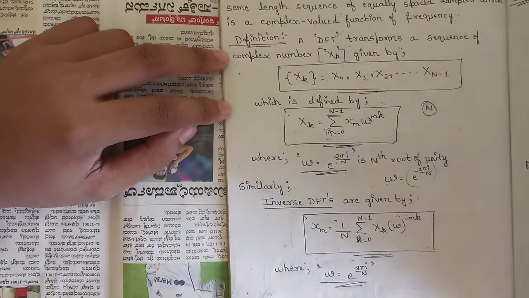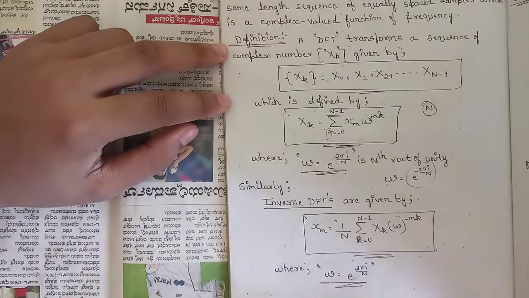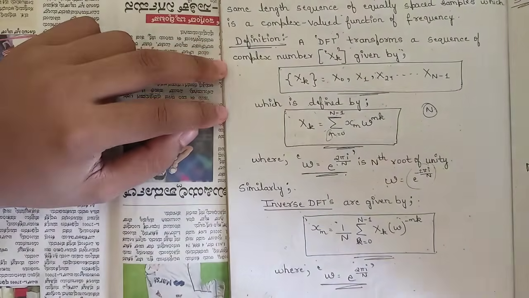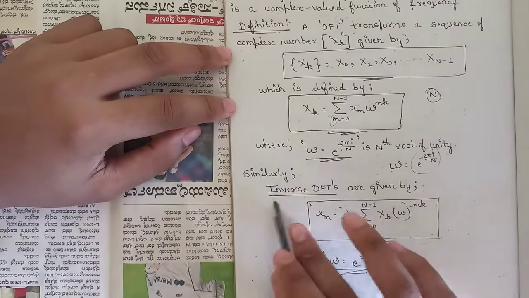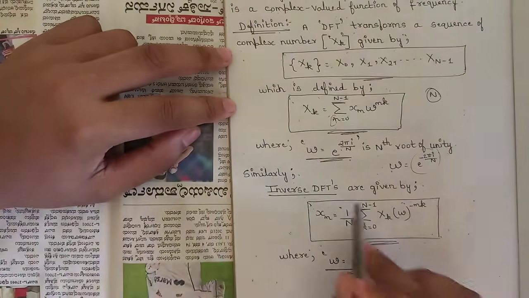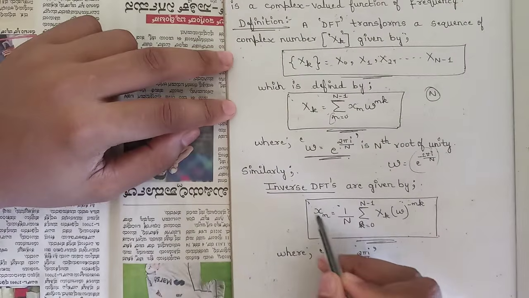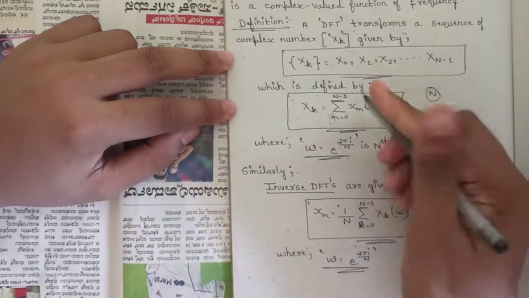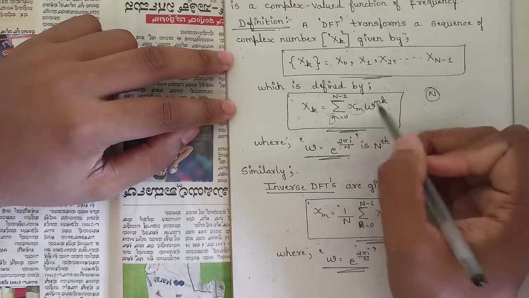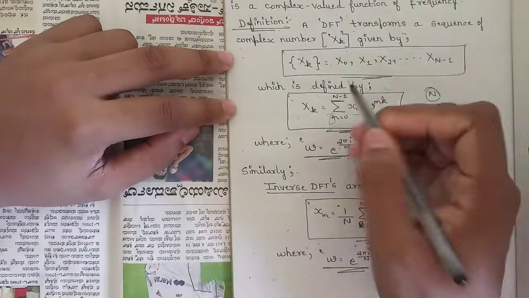Wherever we have the discrete Fourier transform, in the same way we also have its inverse discrete Fourier transform. When you take the inverse, the other terms go to the other side.